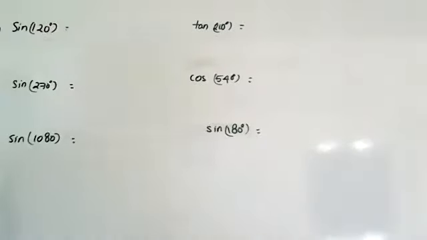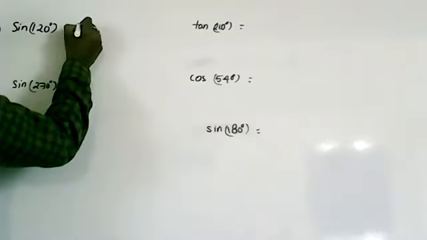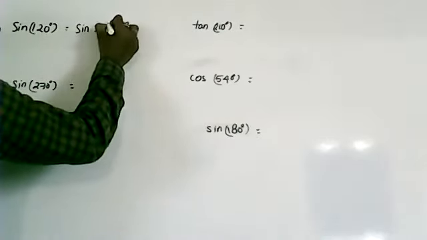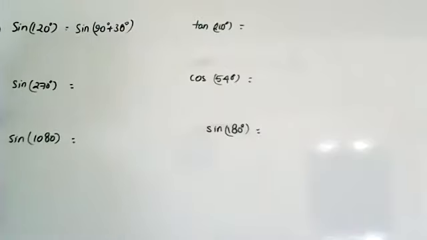Now how to find out sine 120? You can take it like this: sine 90 plus 30. Why? Because we have to write either 90 plus theta or 90 minus theta, 180 plus theta or 180 minus theta, 270 plus theta or 270 minus theta. You have to write like that only.